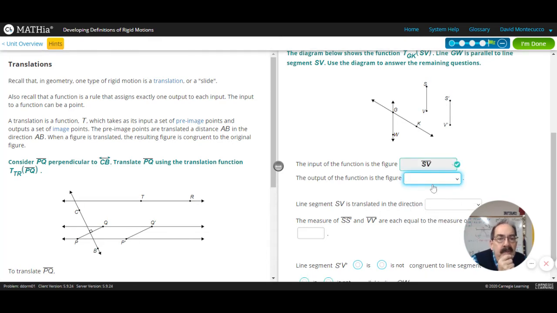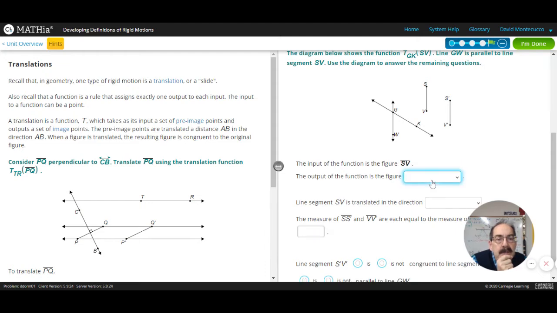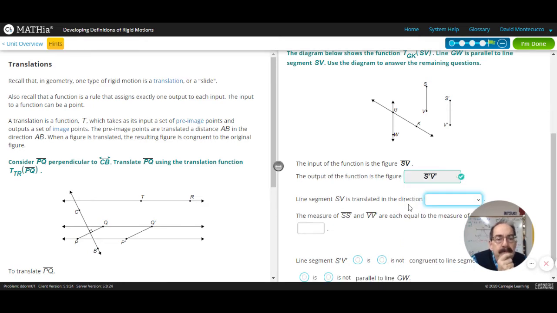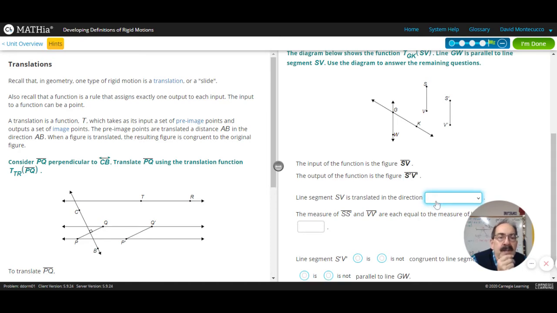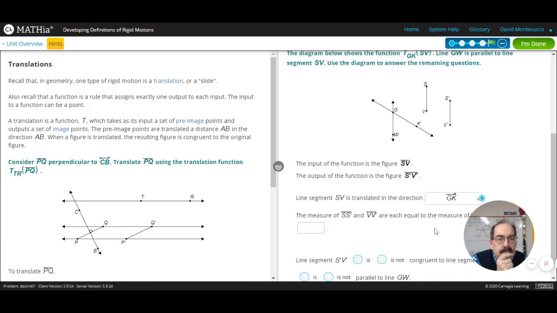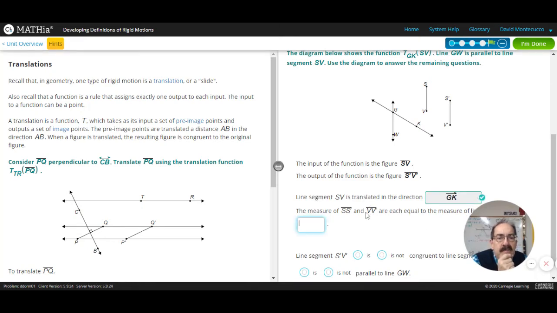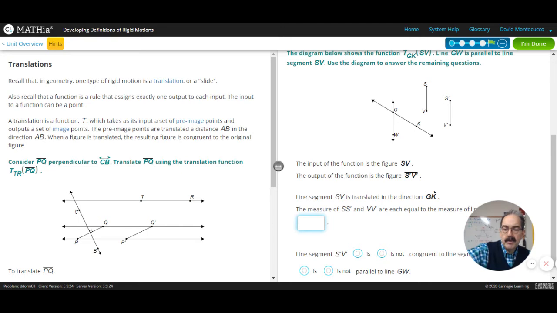Okay, the output of the function is S prime V prime. Okay, line segment SV is translated in the direction of GK. The measure of SS VV is the measure of GK. GK, capital GK.